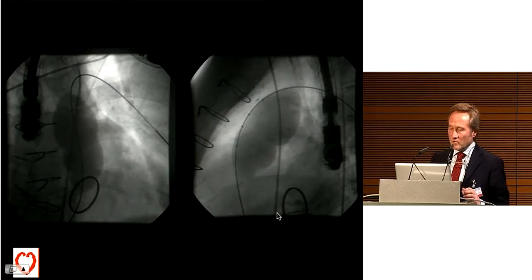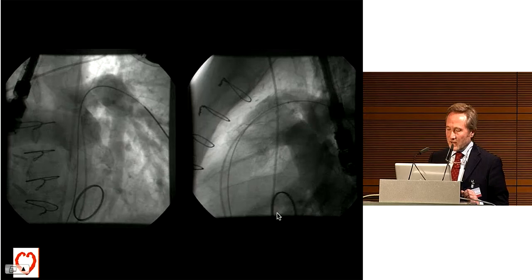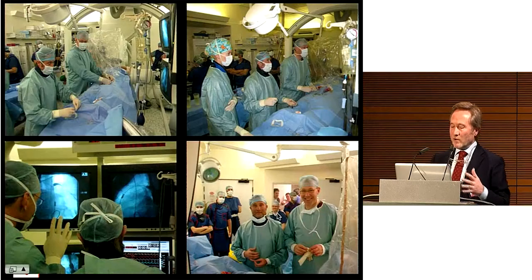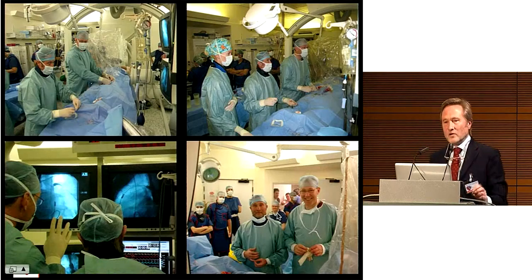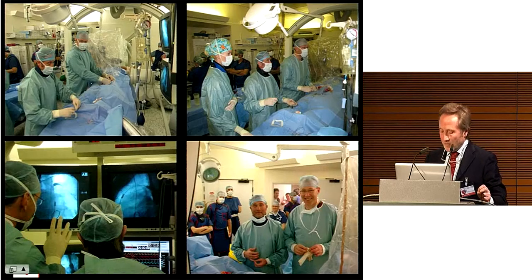You see the balloon demonstrated a huge RV outflow tract and PA, and the device implanted with good result. We were very happy about these results as well, and after 3 years the patient is doing well. So we are very happy about that.